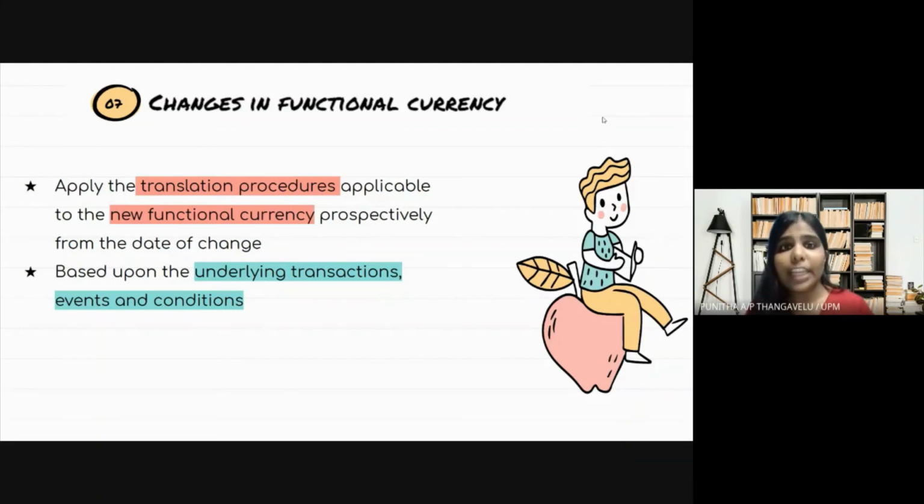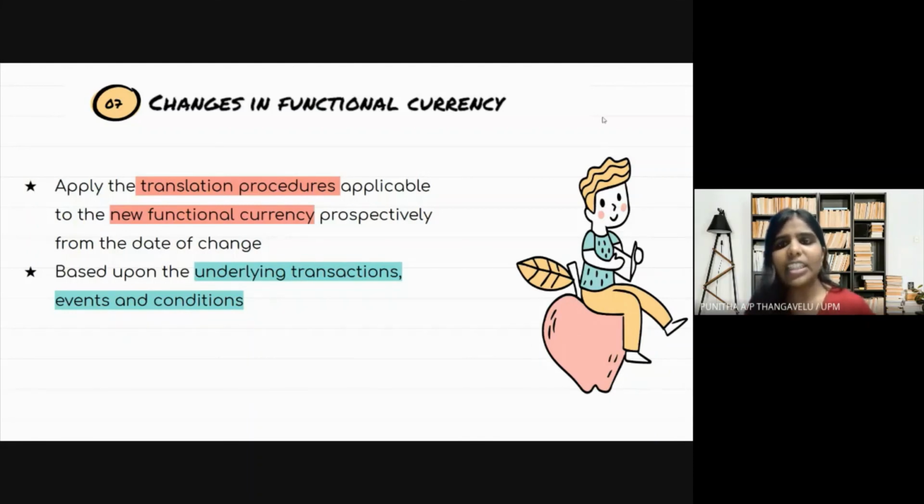Now we will look into the changes in functional currency. When there is a change in an entity's functional currency, the entity should apply the translation procedure applicable to the new functional currency prospectively from the date of change. Take note that the determination of an entity's functional currency must be based on the underlying transactions, events, and conditions that reflect the primary economic environment in which the entity operates.